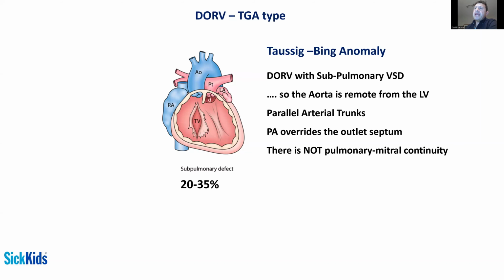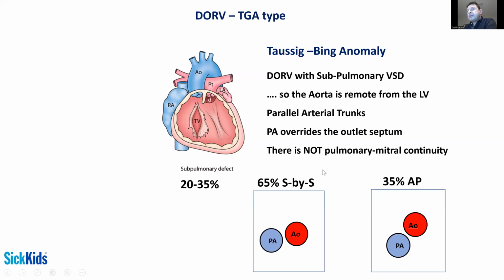So the aorta really has moved a long way away from the mitral valve. And the definition of Taussig-Bing is a double outlet right ventricle with a subpulmonary VSD. That is the textbook definition, but in reality, the vast majority of these have a transposition type of physiology.